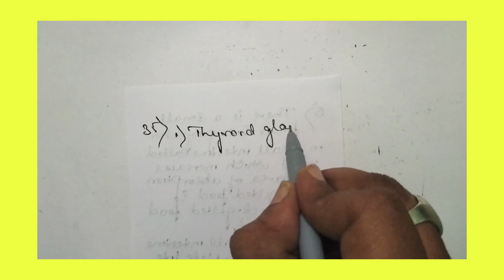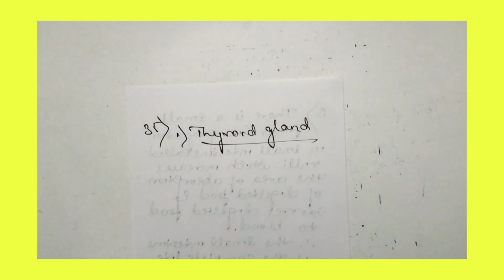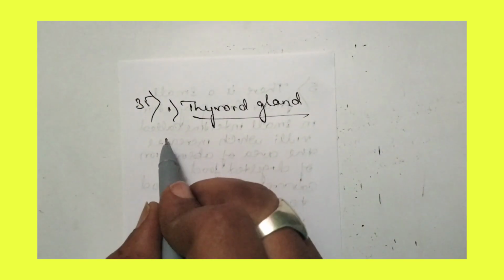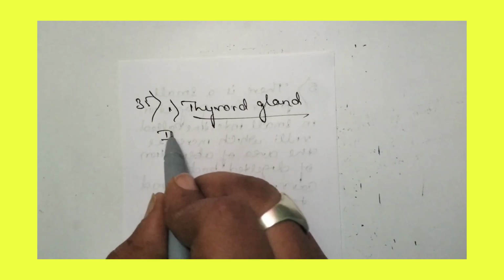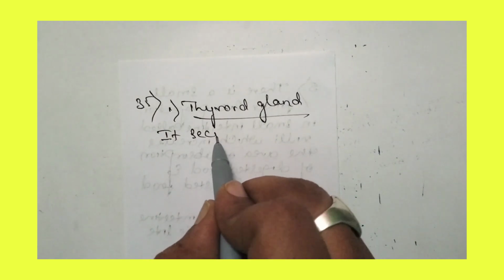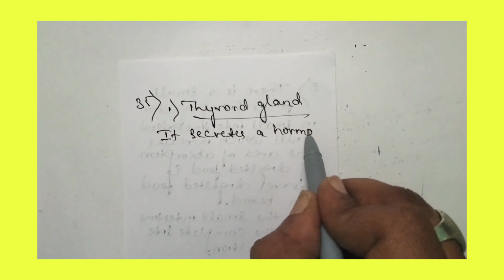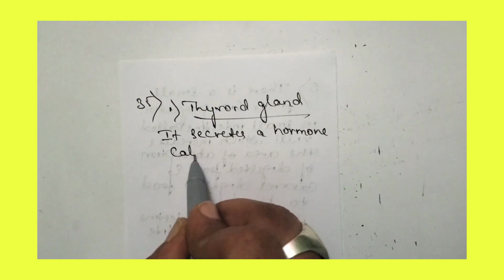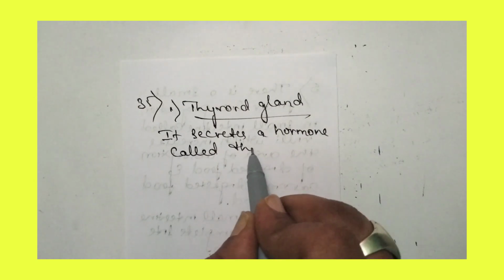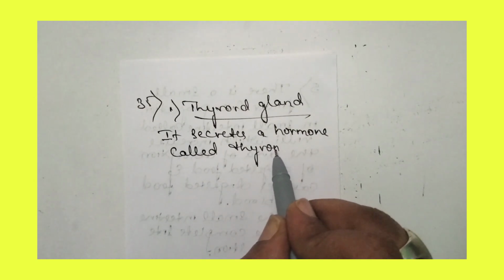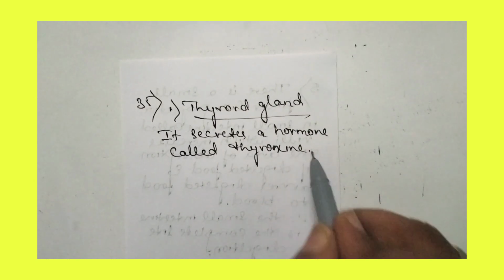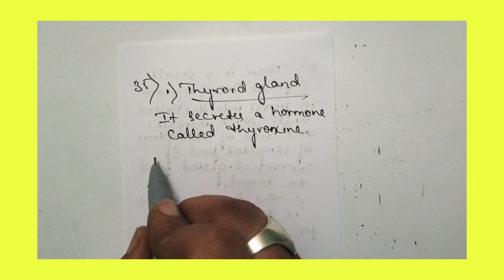The first question is thyroid gland. What is the function of the thyroid gland? First, let us see what it secretes. It secretes a hormone called thyroxine. Then what is the function of this hormone?